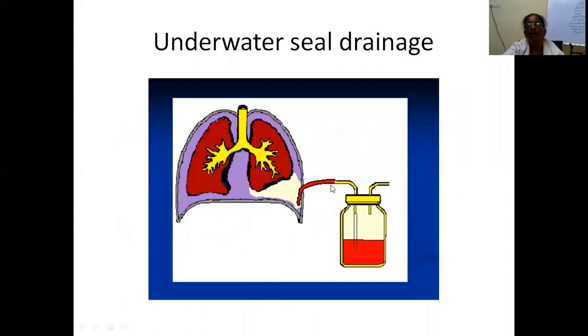This is a tube that is introduced into the intercostal space, and it is connected to an underwater seal drain. The jar should be filled with water, and one tube should be dipping in the water, and the other tube should be above the water level. Why? When air comes into the jar through this tube, that air should go out, isn't it?